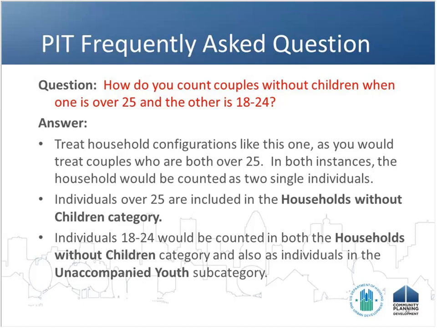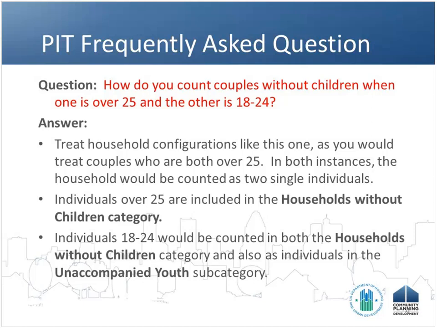We also have a couple of other reporting categories that are duplicate. So the unaccompanied youth subcategory, those are youth that would be counted in one of the respective household categories, as well as in the unaccompanied youth subcategory.